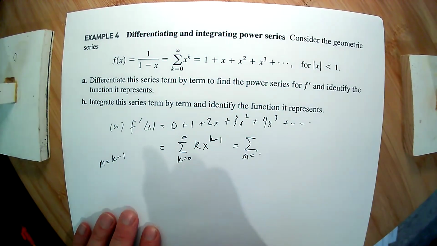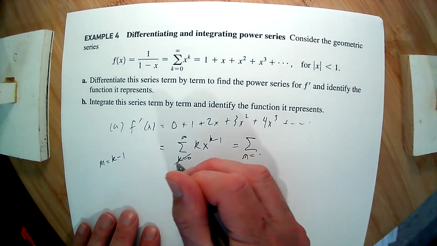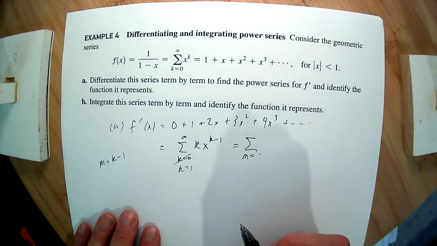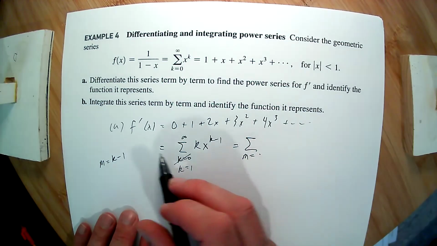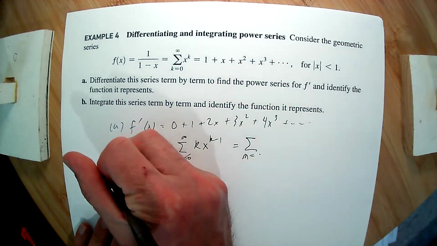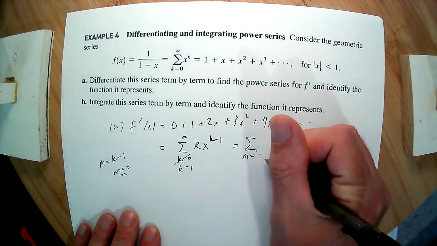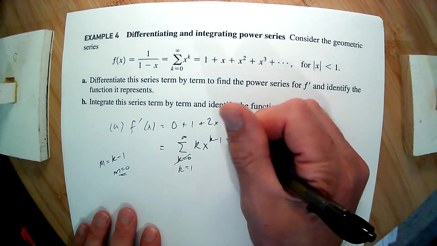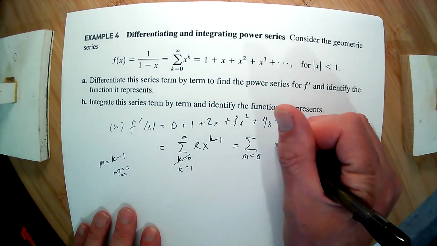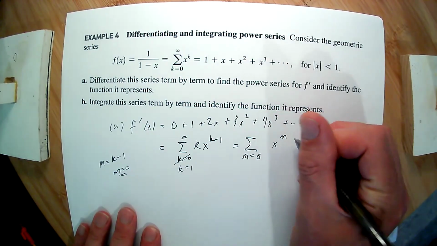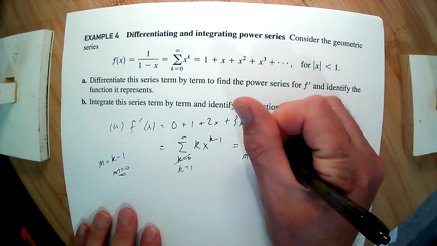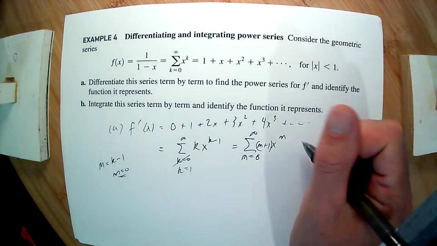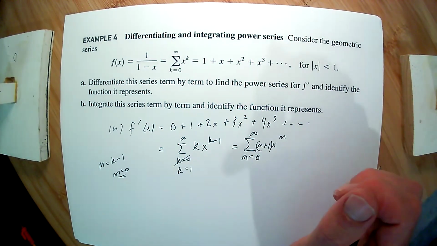Because starting at 0 is really the same as starting at 1 this time, because the initial term is 0 there. So that would then start m at 0 at the bottom, and this turns into x to the m on top, and k equals m plus 1. Anyways, this is that function that we're talking about.